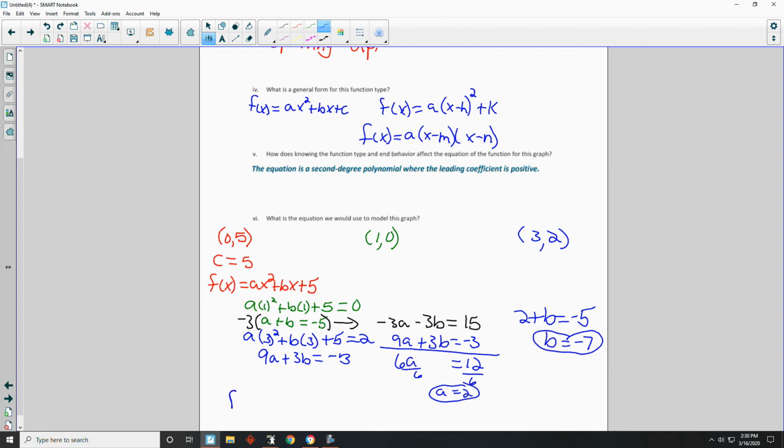My answer is f of x equals 2x squared minus 7x plus 5, where a is 2, b is negative 7, and c was 5, which we got from the y-intercept.